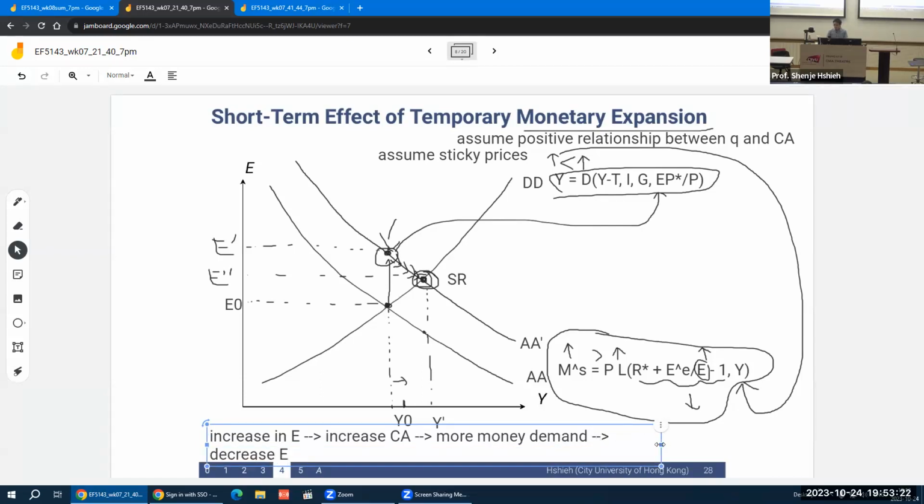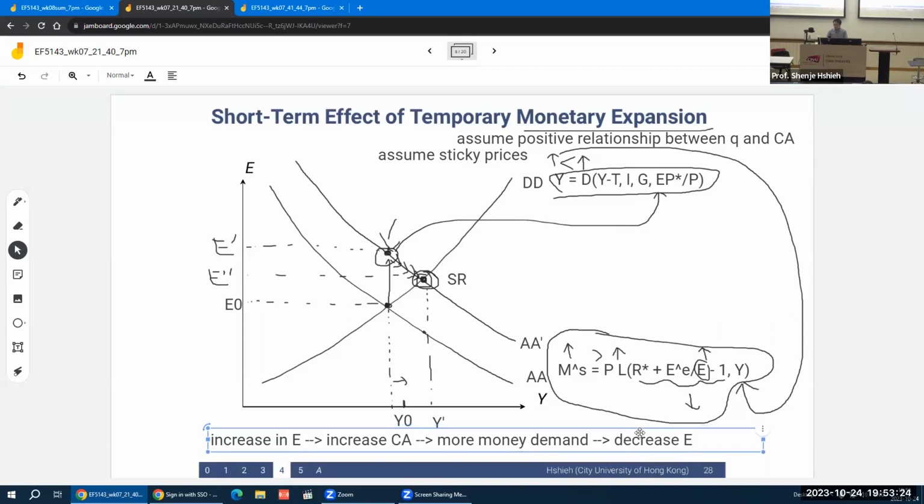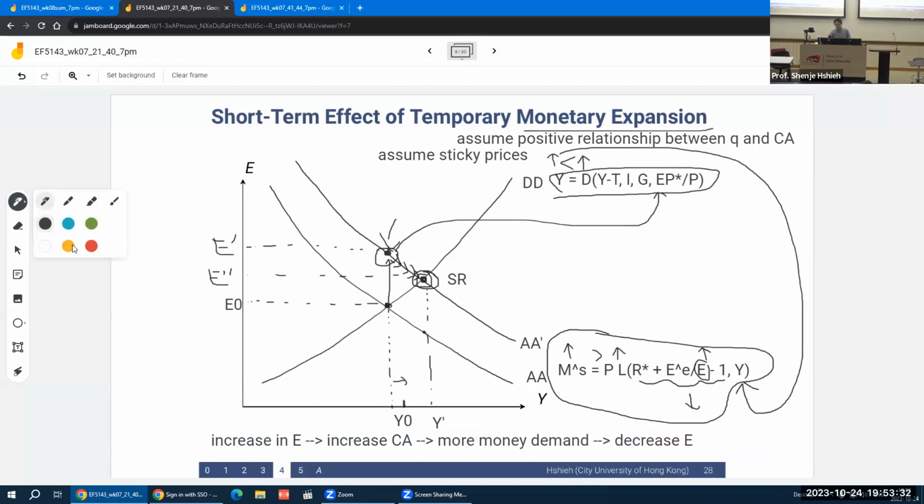So this is the feedback mechanism I'm describing here. You have an increasing E driving exports, creating more money demand here. So this is referring to this part, feedback here, and E therefore decreases. So it's not a contradiction, okay? It's just recursive, right? Constant feedback until we reach a steady point.